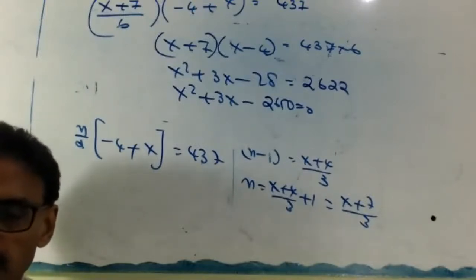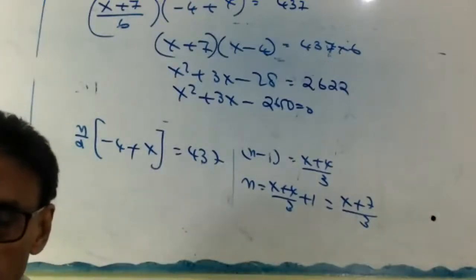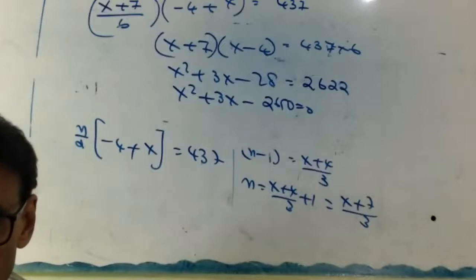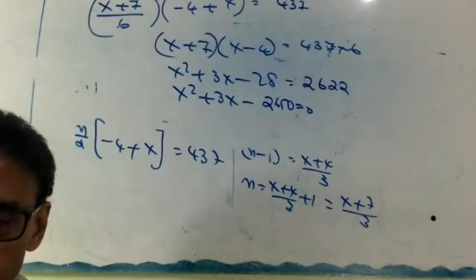What is the problem? You didn't understand after finding n. After finding n, what is the formula for sum? n by 2 into (a plus an). Correct or no?